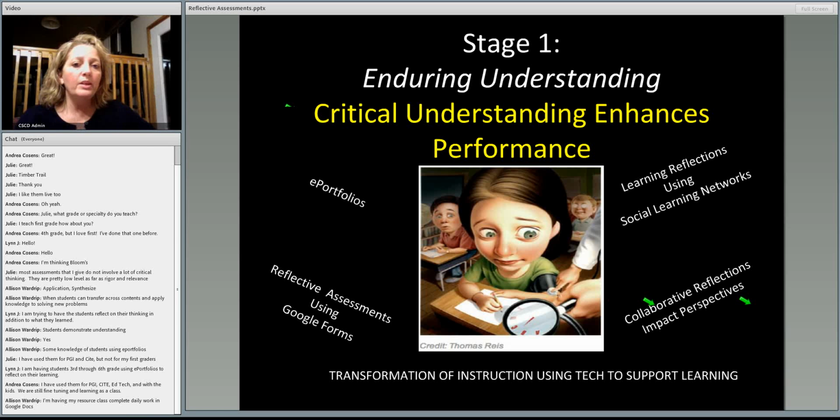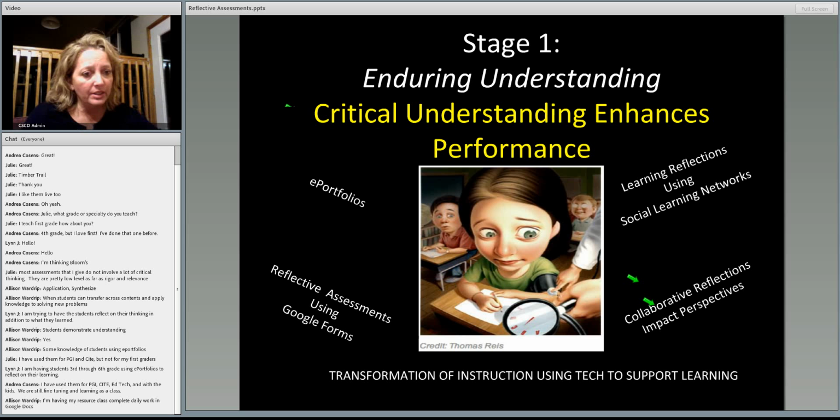And one of the ways we find that is through reflective responses. Whether you're doing it in a social learning network, in your e-portfolio, having a learning space, in a Google Form, or collaboratively with your classmates, there are a lot of opportunities for going deeper in our learning.